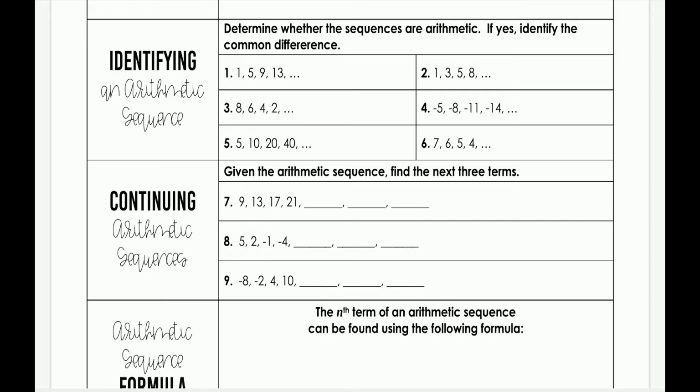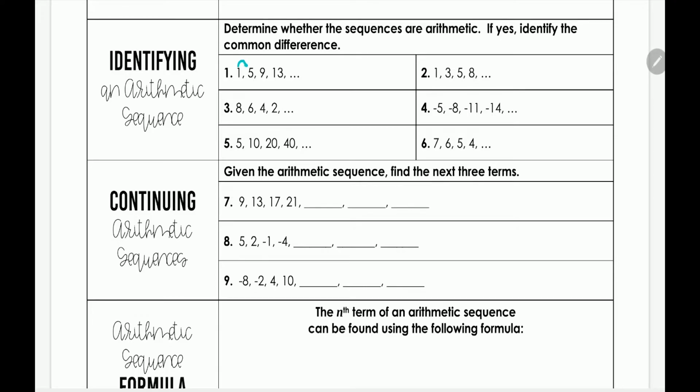So number 1, we have 1, 5, 9, 13, and so on. I'm going to ask myself, how do I go from 1 to 5? Well, I can add 4. Now I'm going to check again, how do we go from, let's say, 9 to 13? We're adding 4. So going from one term to the next, we're always adding 4.